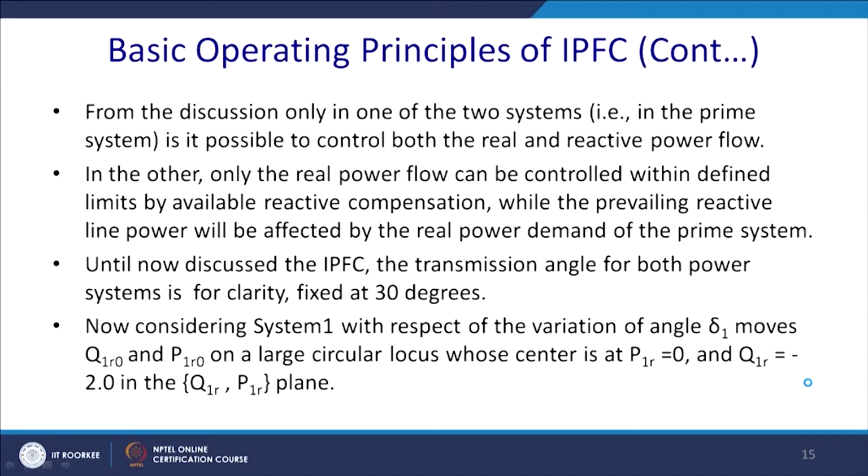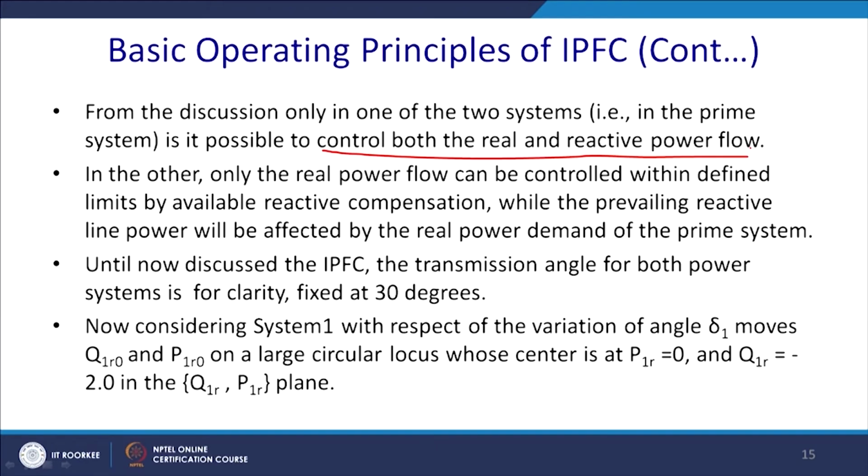From the discussions, only one of the two systems, that means the prime system, can control both real and reactive power flow.